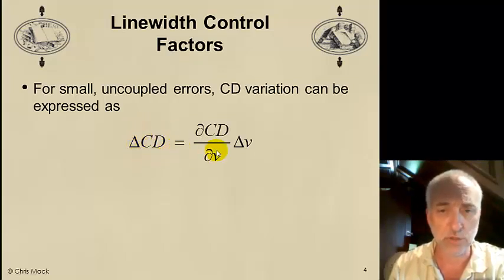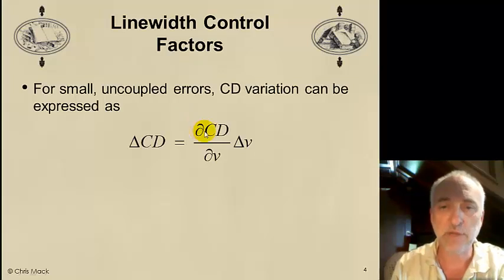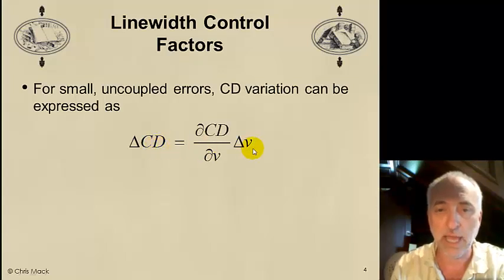And what is that equal to? It's equal to actually a lot of things. Higher order terms, but if we think of small errors, then we can approximate the total delta CD as being delta CD per delta variable times delta variable.